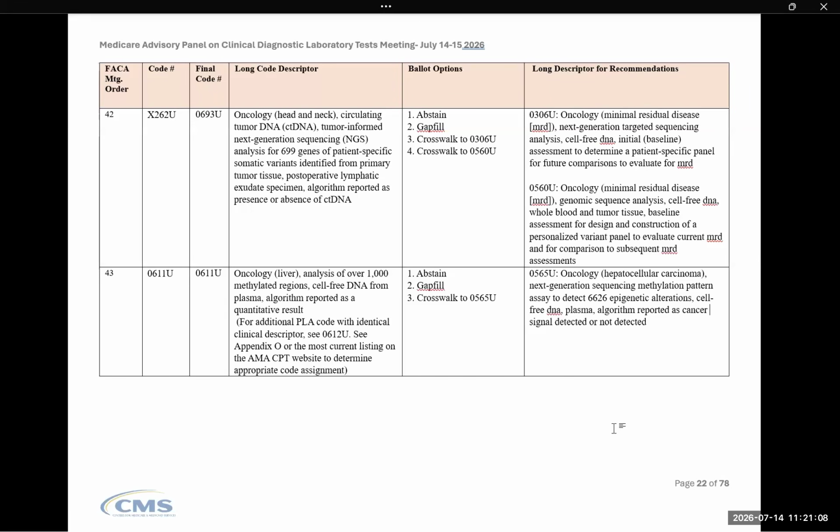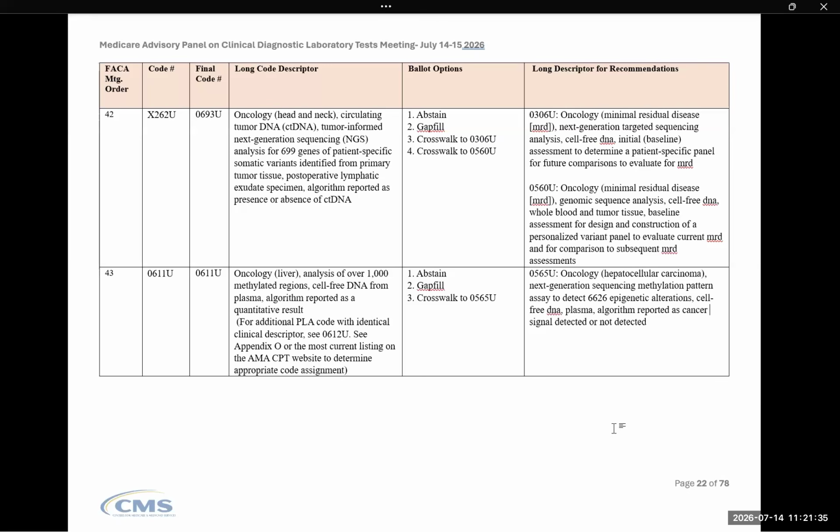The 0306U is used for an initial baseline assessment to determine patient-specific panel for future comparisons, and the 0560U allows for baseline assessment and construction of a personalized variant panel to evaluate current MRD and for comparison to subsequent MRD assessments.